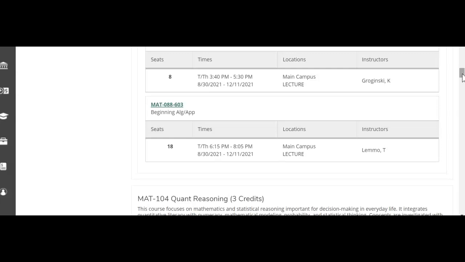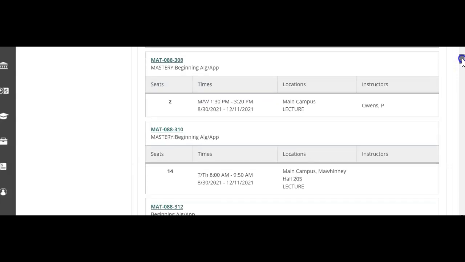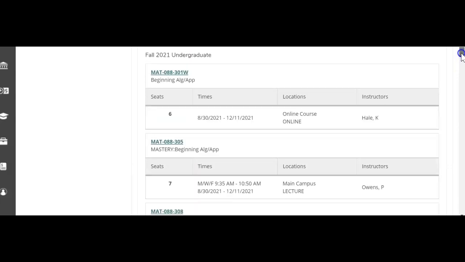So not a bad way to do things, by the way. It's just different. So just be aware of the difference. The confusing part is knowing which sections are which. Otherwise, it's a good way to go, to have these different options available.